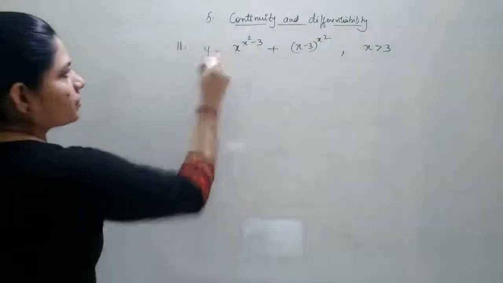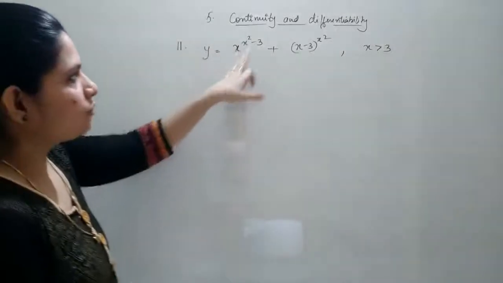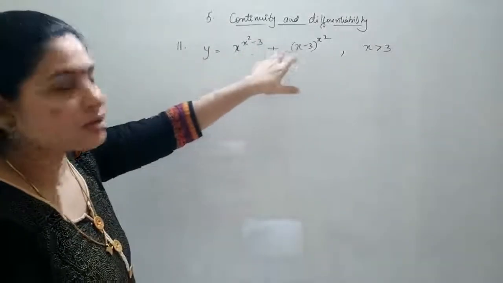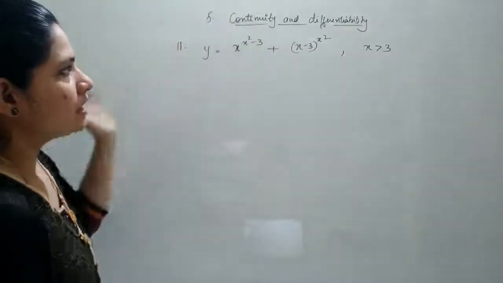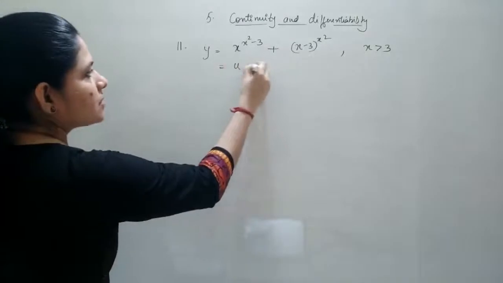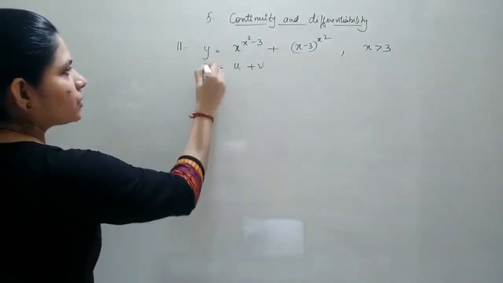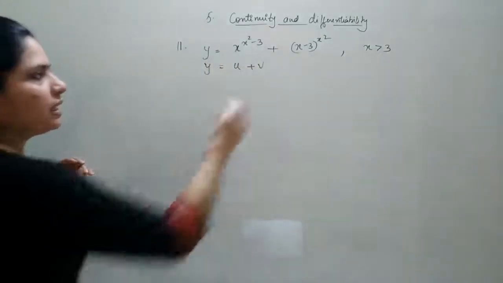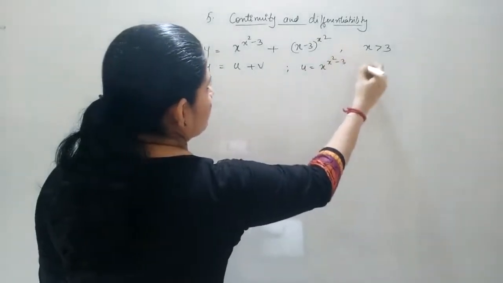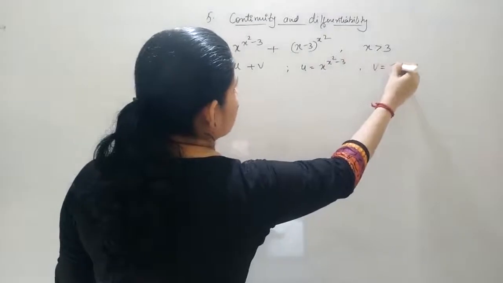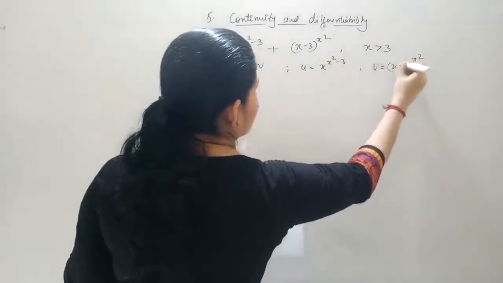Now again you are taking the question as y equal to, you have both terms to be a power of a function, to the power of that you have another function. So you can use your separate method, that is let this be u and this be v, so that your y is u plus v, and u is taken as x raised to x square minus 3, v is taken as x minus 3 the whole raised to x square.